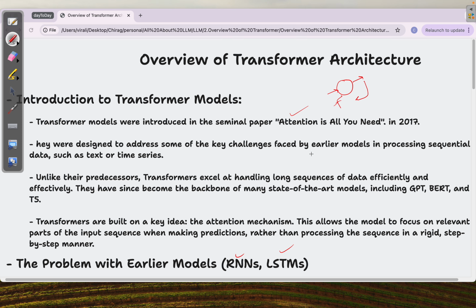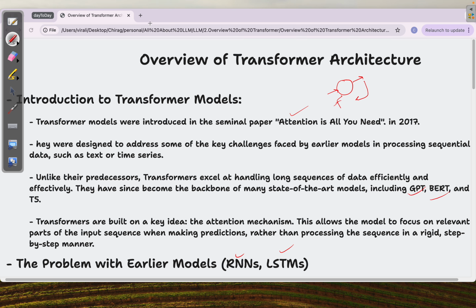If you have a short sentence, it works fine, but the problem appears as the sequence length increases. Sequence length means the number of words in the sentence, or the number of input tokens you need to provide to the model. That problem is very well solved using the attention mechanism and the transformer architecture. That's why these models have become the backbone of state-of-the-art models like GPT and BERT.